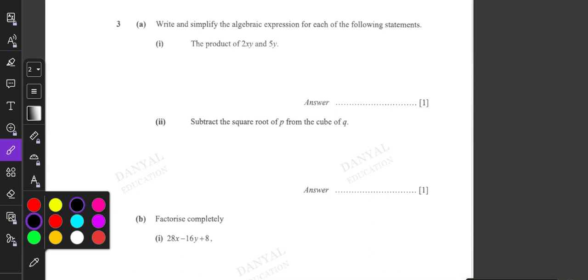It says, write and simplify the algebraic expression for each of the following statements, the product of 2xy and 5y. So that means you need 2xy times 5y, which will give you 10xy squared. Easy.